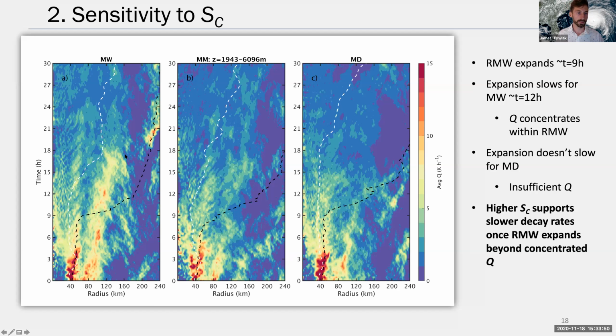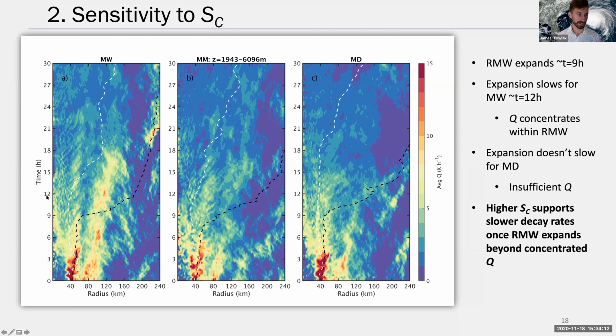This is important because several studies over the past few decades have found that when you have diabatic heating most concentrated within a more inertially stable region, such as within the radius of maximum winds, that heating is more efficient at accelerating tangential winds through a series of processes.